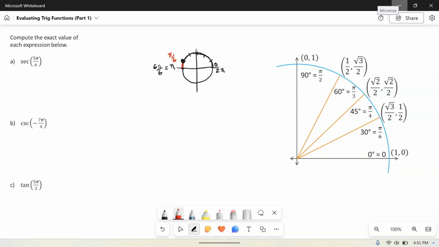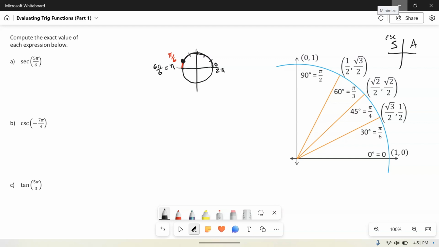The next thing we need to think about is, where are our functions positive? What are the signs of our functions in each of the quadrants? We looked at this last time. We know all of the functions are positive in the first quadrant, all 6 of them. In the second quadrant, sine was positive, which, remember, sine goes with cosecant.